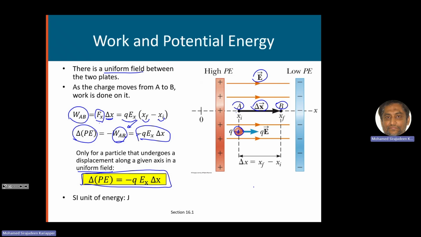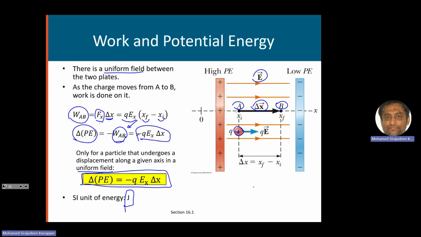When it comes to point B, it will have another electric potential energy. The change in the electric potential energy is equal to negative charge of that particle multiplied by the electric field multiplied by the displacement. And you know it's an energy, therefore the SI unit will be joule.